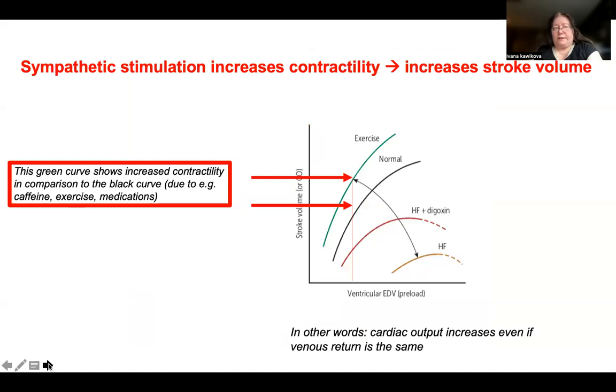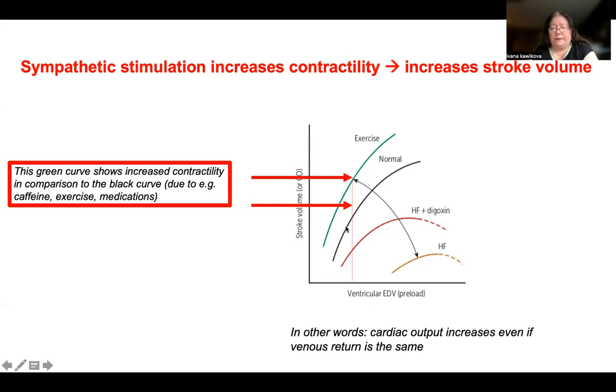Now, we also said that the nerves go to the muscle directly, to the heart muscle. On this graph, you see the Starling law of the heart, which says that with increased venous return, there will be an increased cardiac output.